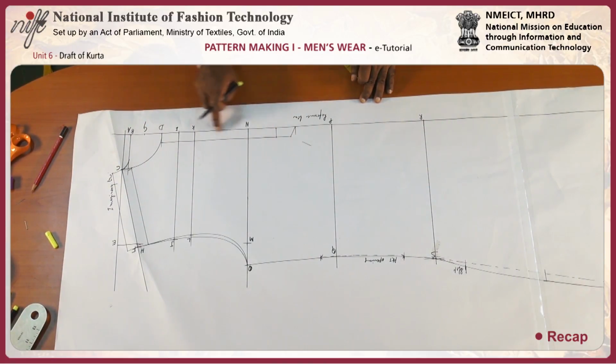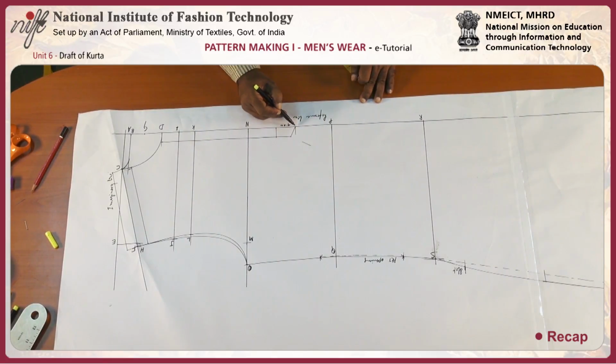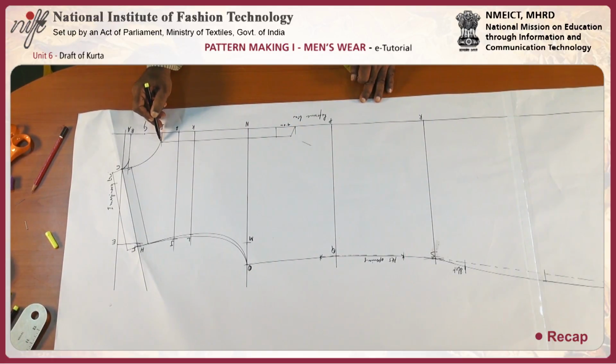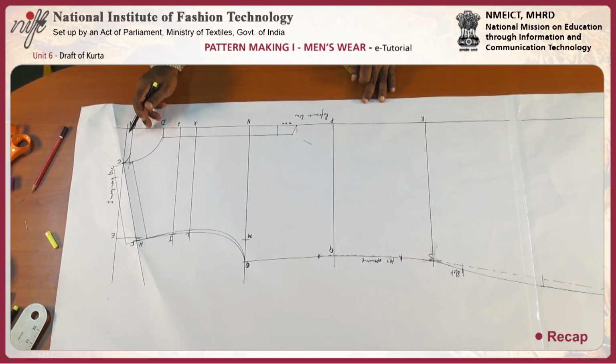From that point is the functional opening. Here it is tuck stitches. This is 4 centimeter. Then here I took 1 centimeter up and connected to the neckline. With this I conclude the draft of the kurta.